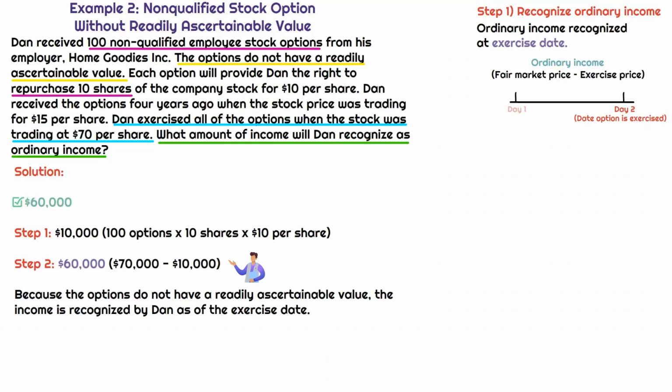On the surface it might look like this is a gain because we're taking the difference between the two, but remember, we're recognizing the difference as ordinary income when we are making the determination for non-qualified options as of the exercise date. Right, again, because this does not have a readily ascertainable value.